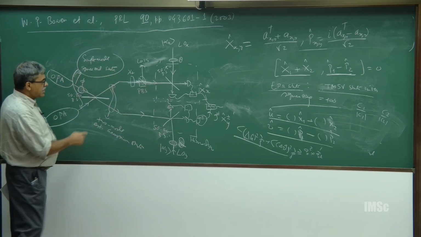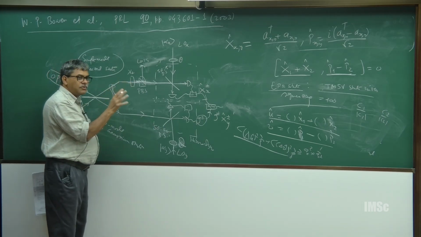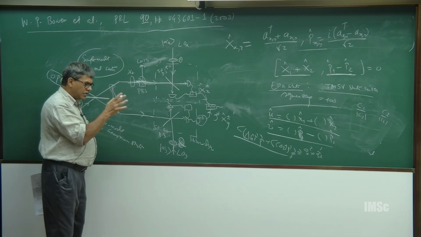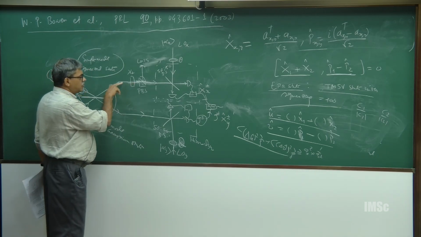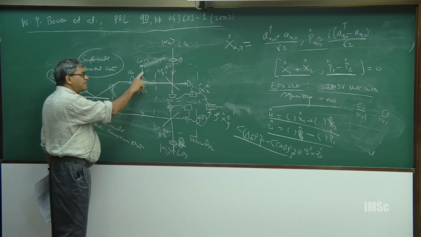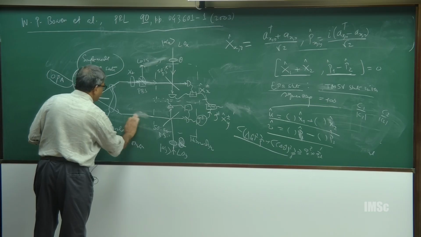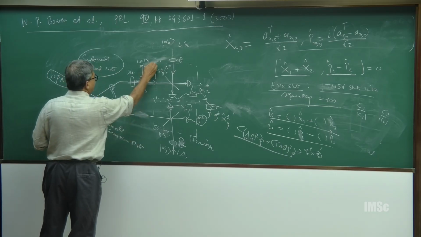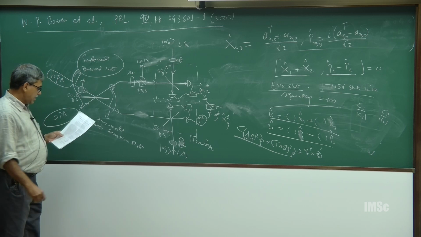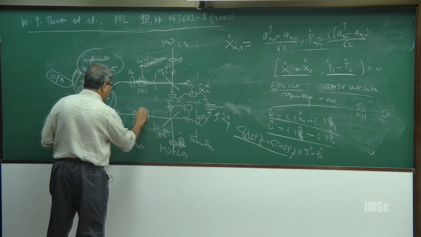For example, by this half wave plate you are preparing a particular polarization basis, and then at the polarizing beam splitter only the horizontally polarized beam will pass and the vertical one will go through, or vice versa. Similarly here, this is loss x, because this is in the x beam, and similarly here you put a half wave plate and then a polarizing beam splitter.